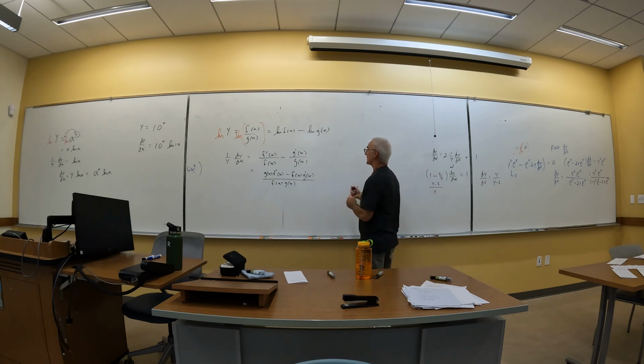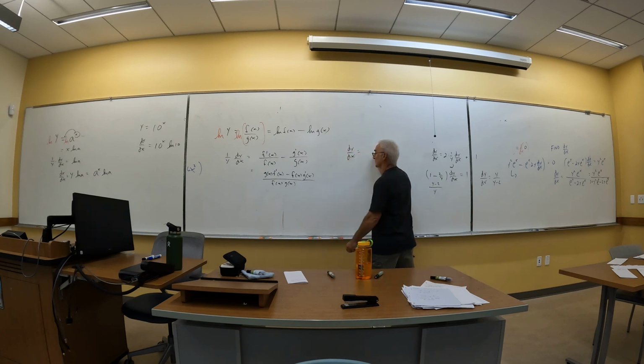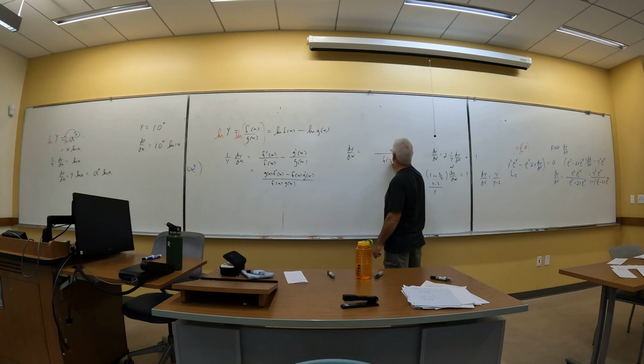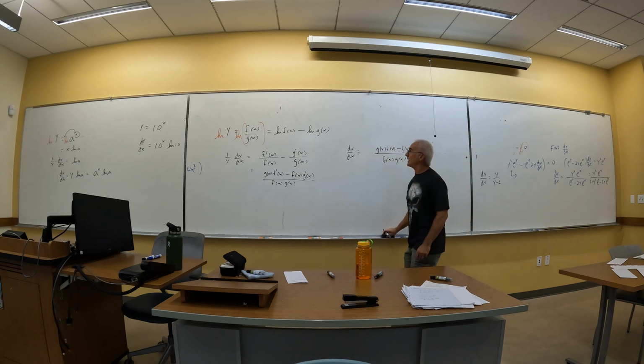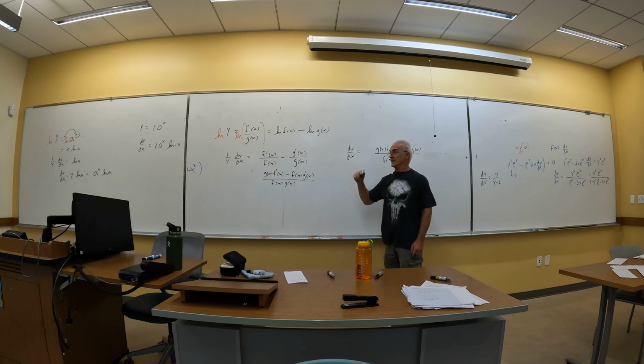So finally, I can say that dy dx is that stuff that I have right there. I'll rewrite it, times y. What was y? y was f over g.